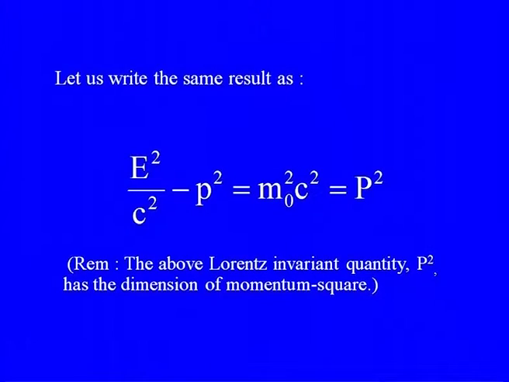Okay, that's pretty interesting. So if we write all these things in the dimension of momentum squared, we get a nice relation: E², that's the total energy squared, divided by the velocity of light squared, which has the dimension of momentum squared.